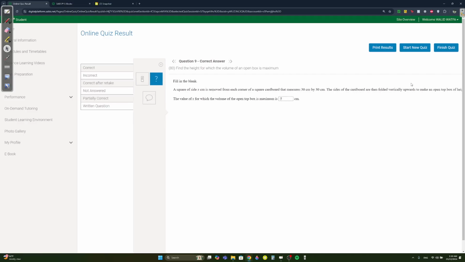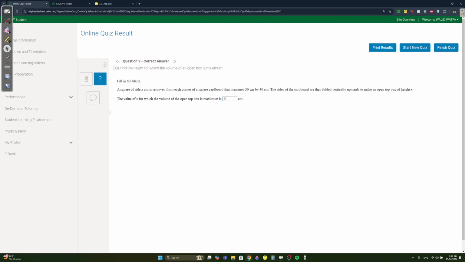Okay. This one came in the exam. It's going to come in your exam as 18 by 18. But I'll explain. A square of side x is removed from each corner of a square measuring 30 by 30. Square. 30, 30, 30, 30.